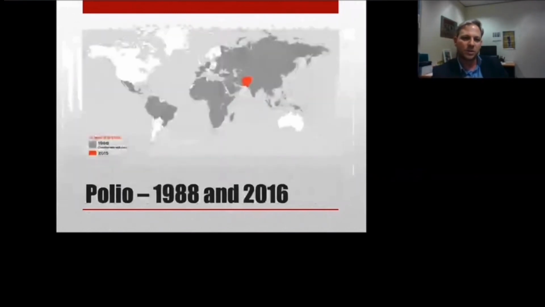So firstly, to polio. Those grey shaded countries are where polio was circulating in 1988, when the polio eradication initiative really kicked off. And the countries in orange, it's the same in 2016, are the only remaining countries where polio exists as wild poliovirus now.